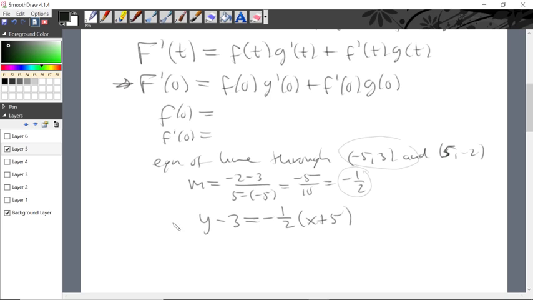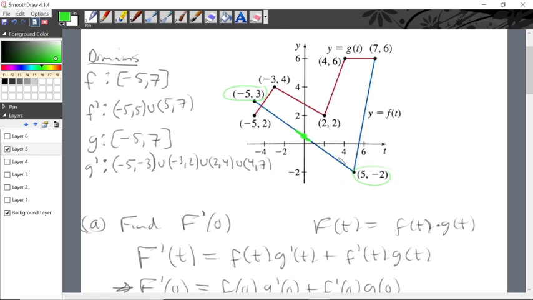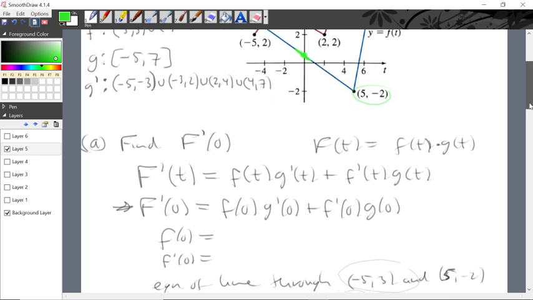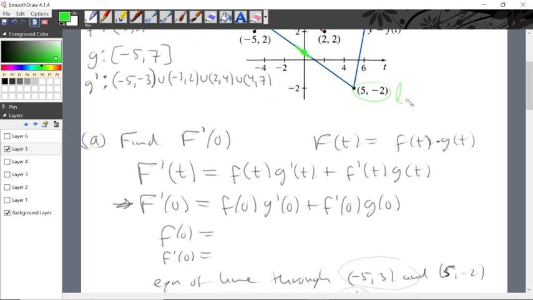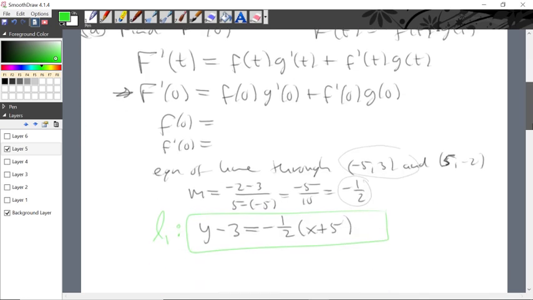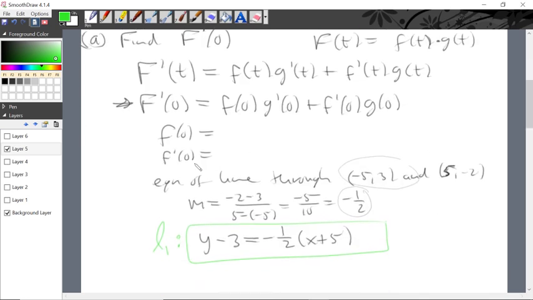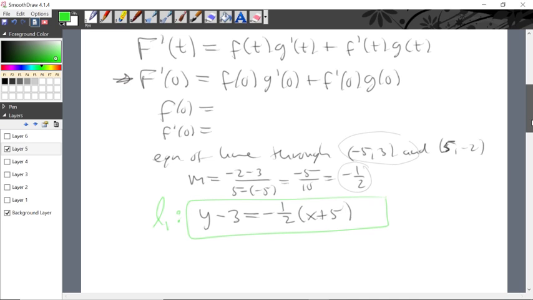Okay, if I call this line L1, for instance, this line right here is L1. All right, we have the equation of that line. Now, y is another name for f of x, right?